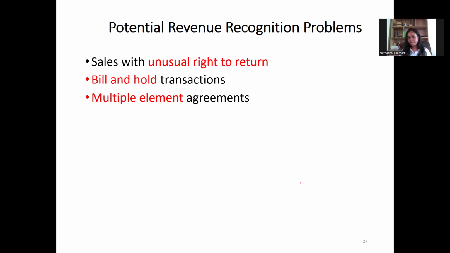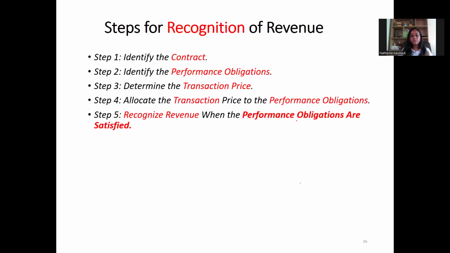Bill and hold transactions. You are billing, you are invoicing, but the stocks are not physically moved. So the physical inventory items are still with the company. So we don't know whether we have satisfied the performance obligation, because the goods are still with us.